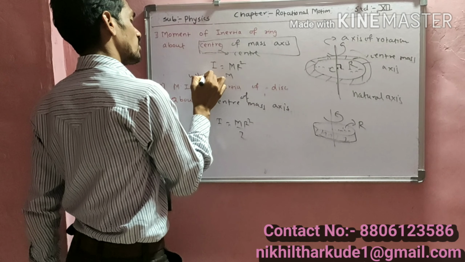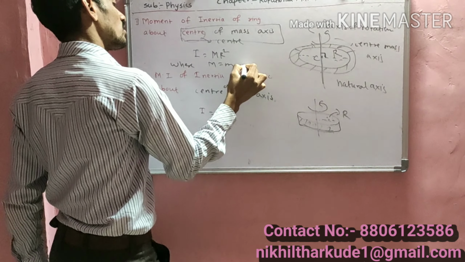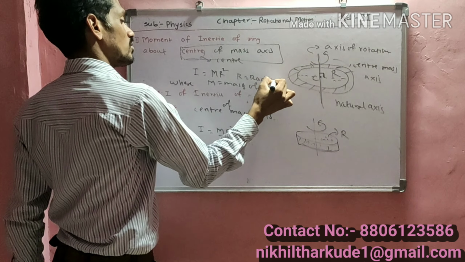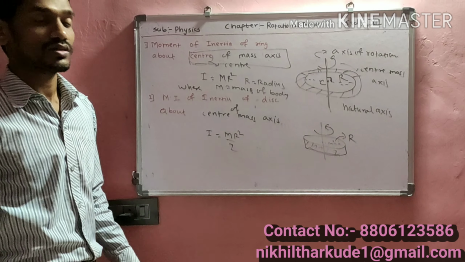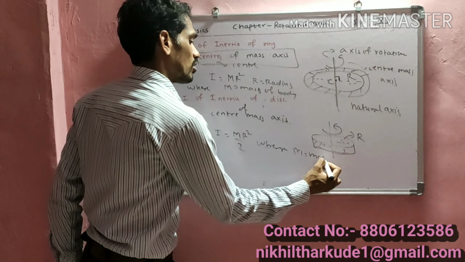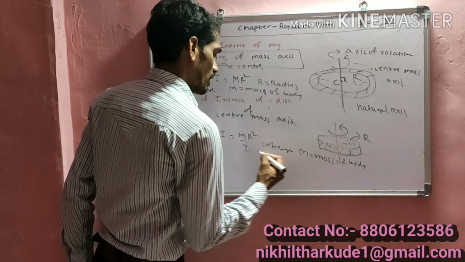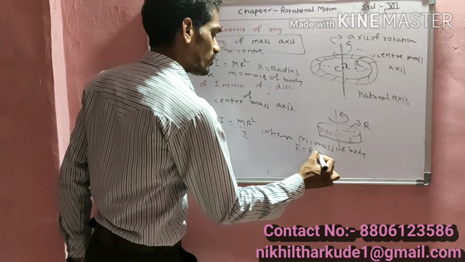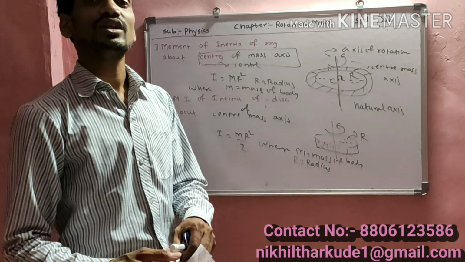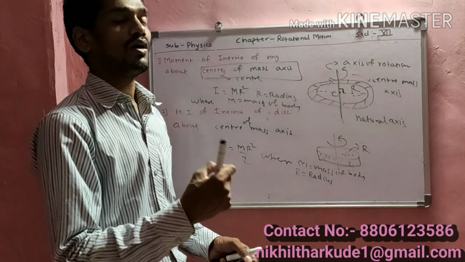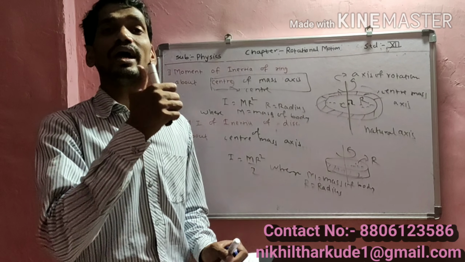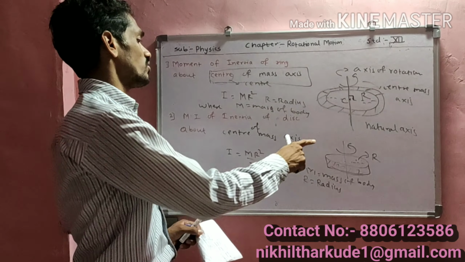M is the mass of the body and R is the radius. Here also M is the mass of the body and R is the radius of the disc. Remember the center of mass axis for a disc, ring or solid cylinder is the axis passing through the center and perpendicular to the laminar body.